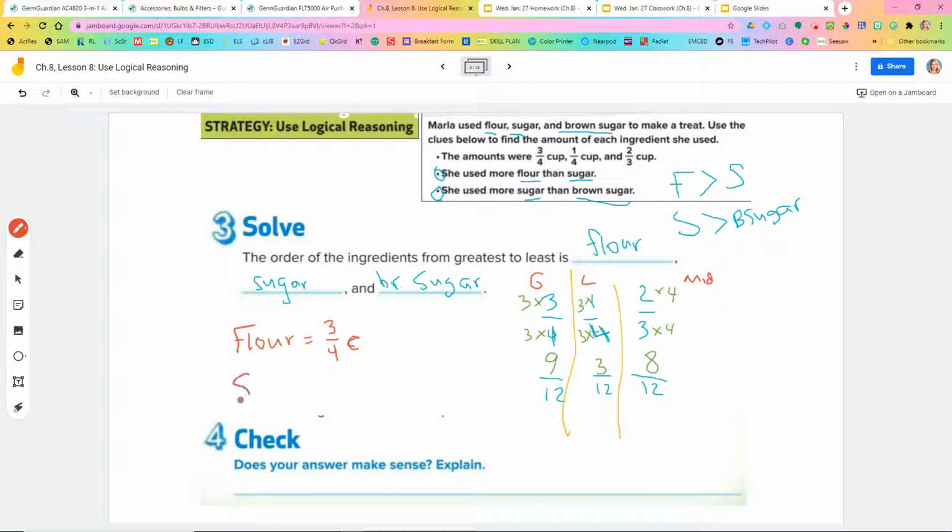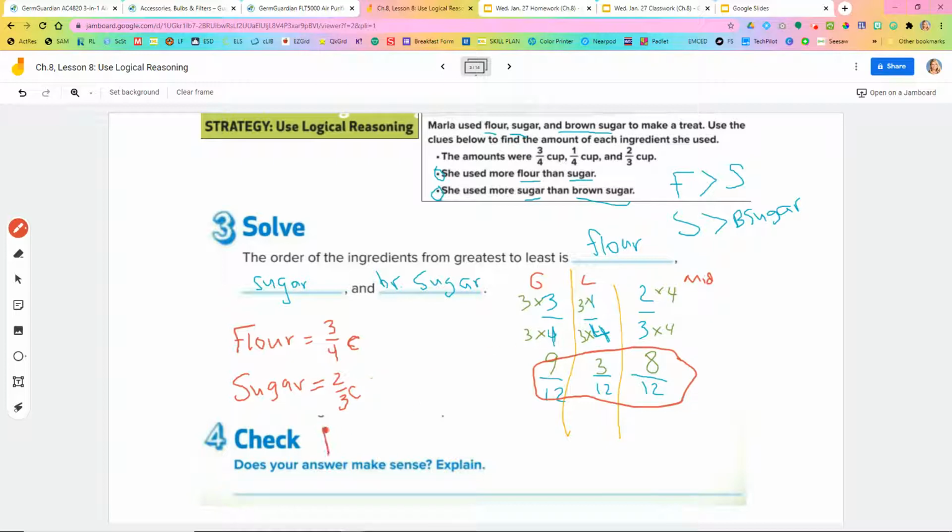And then if sugar comes in the middle, then sugar is going to match up with my middle amount over here, which was 2/3. Now notice I'm not putting these fractions on the bottom because all this is on the bottom is to help me know which one of these is bigger. All right.